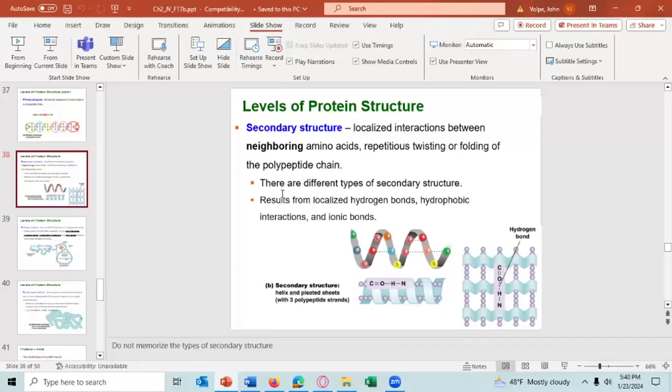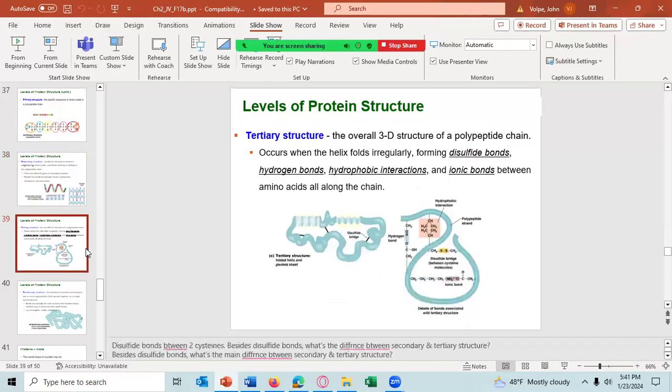They can form ionic bonds. That's attraction. They can be repulsed from each other, where both amino acids have the same charge. They will be repulsed from each other. And they can be repulsed from each other if one amino acid is nonpolar and the other amino acid is polar. So we see all of those in the tertiary structure.